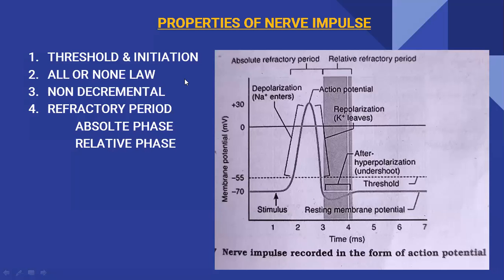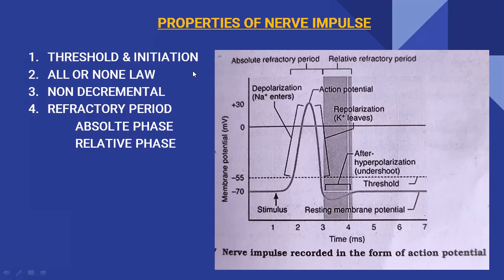Then only the muscle is able to contract. So muscle contraction also is directly linked to the action potential or neuron signals. In this way, action potentials are very, very important.